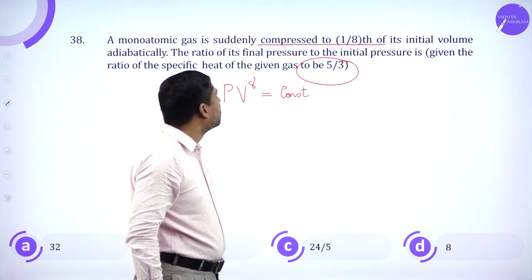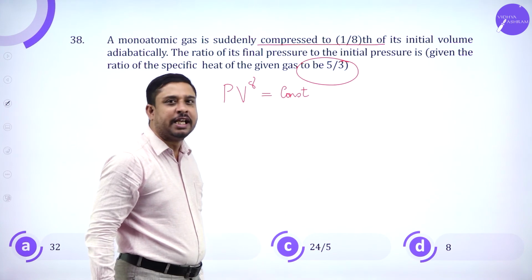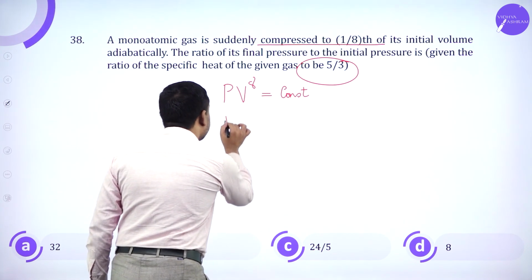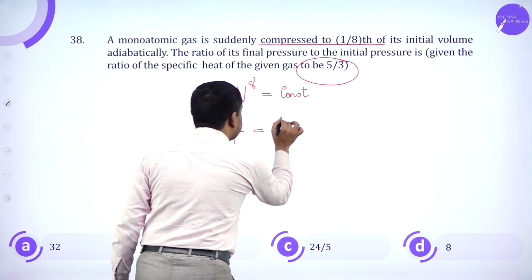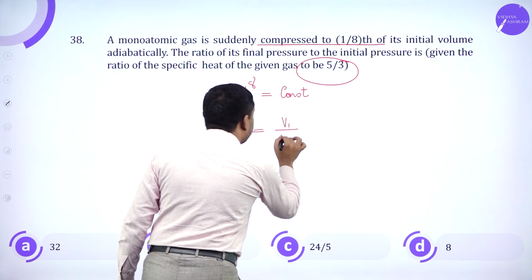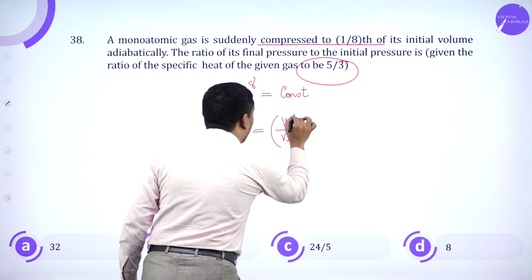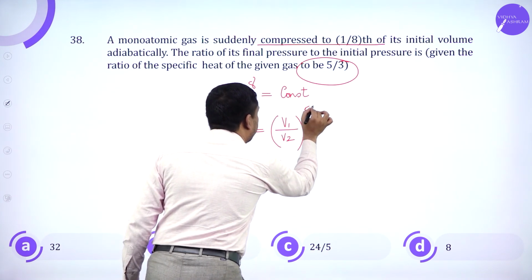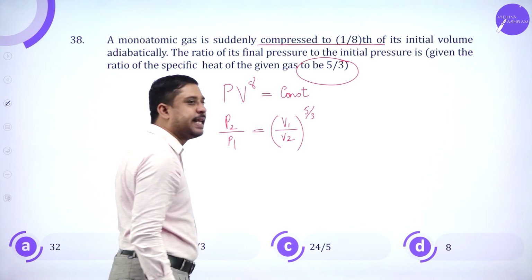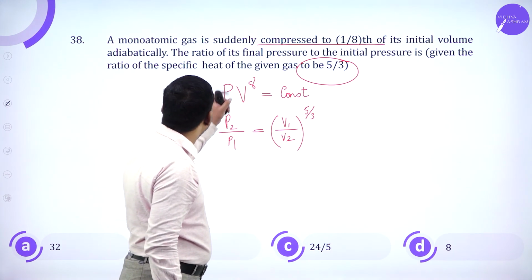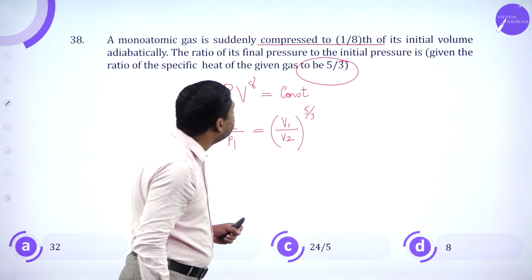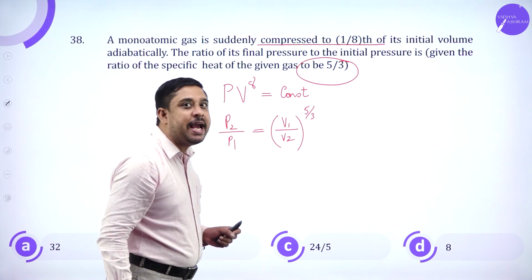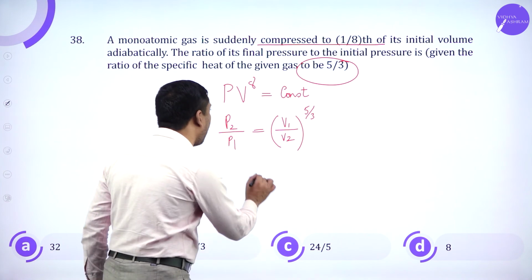The ratio of the final pressure to the initial pressure. So P2 by P1 is V1 by V2 to the power of gamma, which is 5 by 3. Now the monoatomic gas is compressed to 1 by 8 of its initial volume.